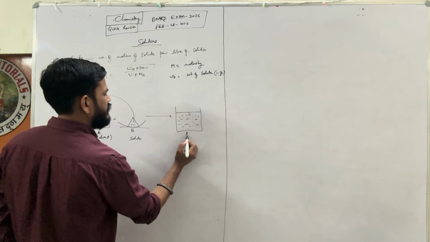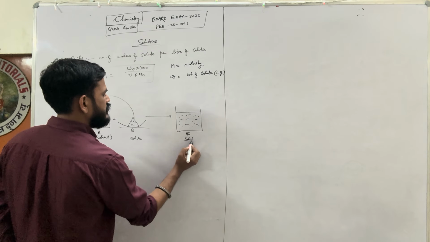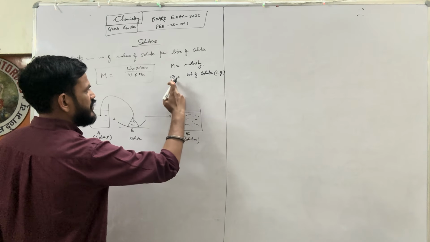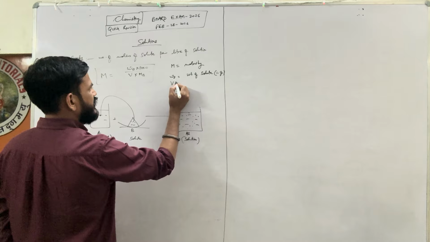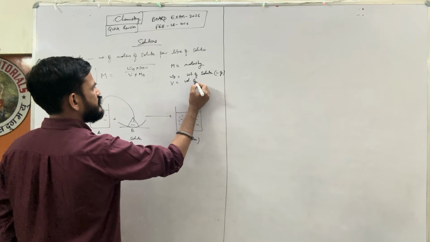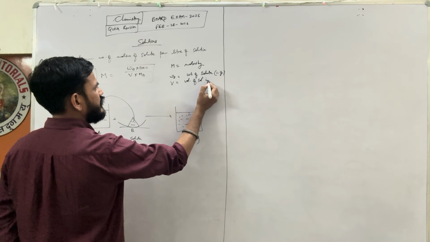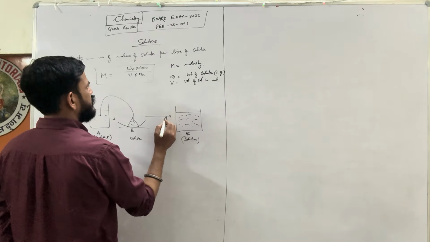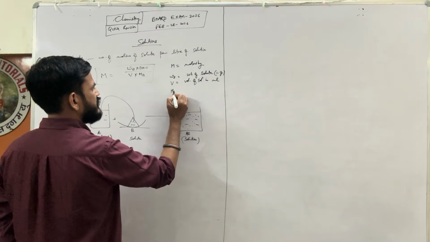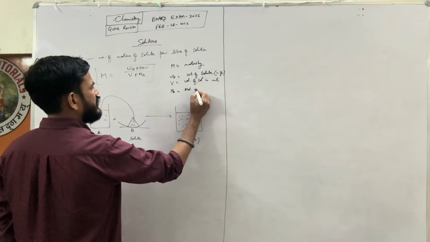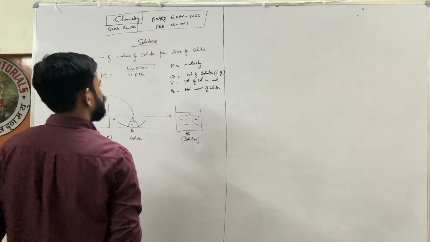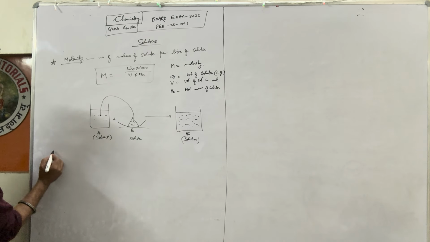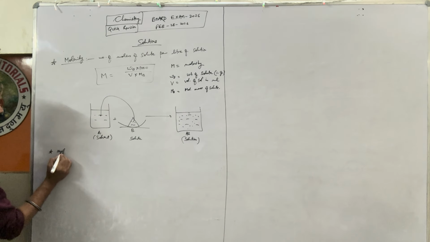This is AB, which is the solution. So WB is the weight of the solute in grams. Now V is the volume of solution in milliliters, and MB is the molar mass of the solute.